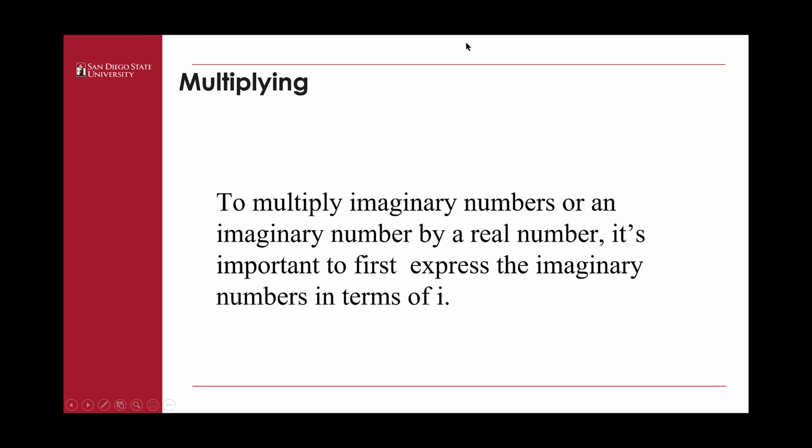We can, of course, multiply imaginary numbers with real numbers and again with imaginary numbers. So it's always possible to multiply an imaginary number within the complex number system with an imaginary number or a real number or any other number inside the system. To multiply imaginary numbers or an imaginary number by a real number, it is important to first express the imaginary numbers in terms of i.